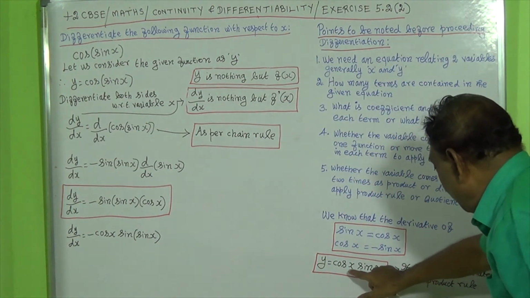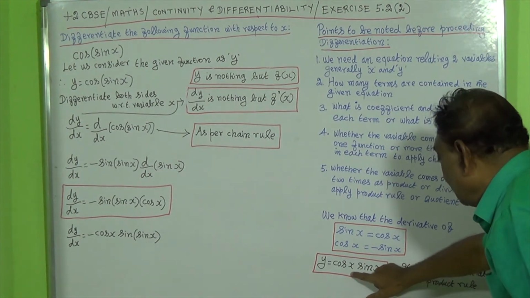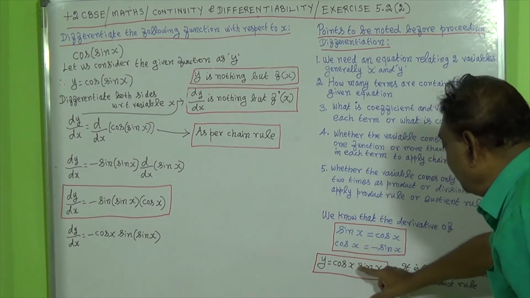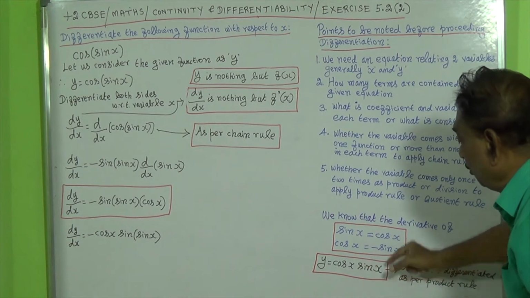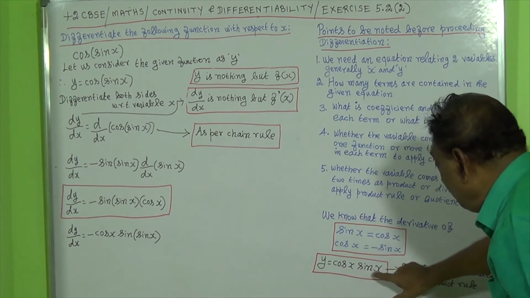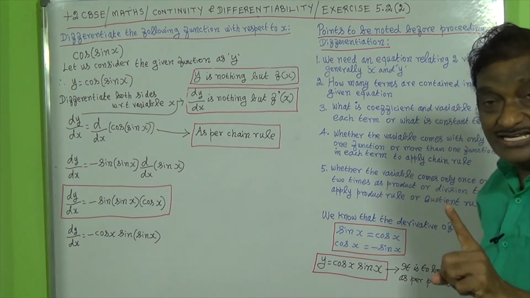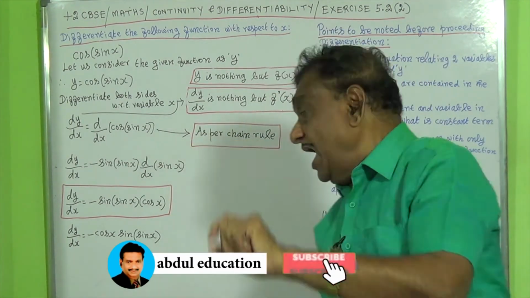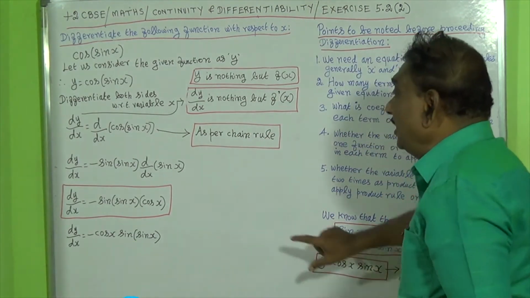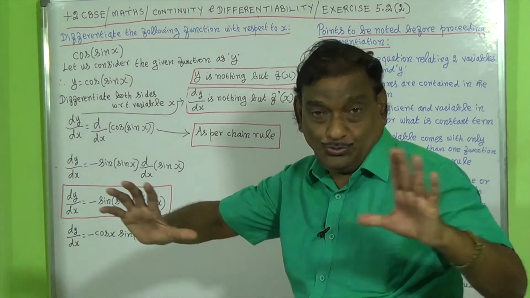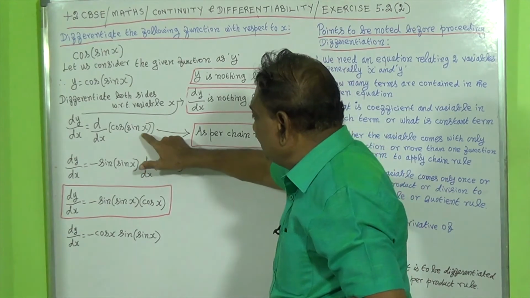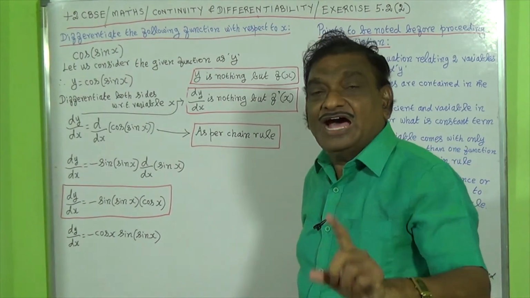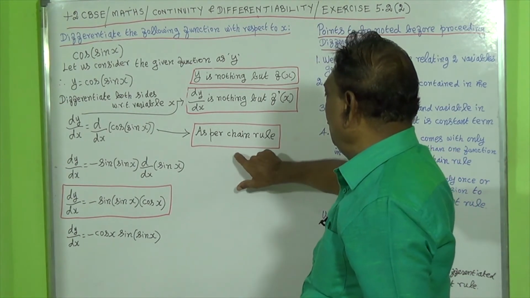In the product case, the variable x comes two times. First time it comes with the cos function, second time with the sine function. Since x comes two times as a product, we have to differentiate as per the product rule. But in this case, it is not so. Here the variable x comes only once, but with two functions. So we have to differentiate as per the chain rule.